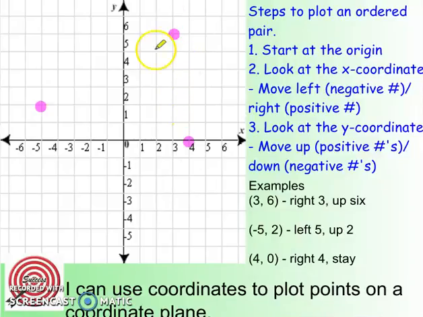Now let's talk: what quadrant is this point in? (3, 6), what quadrant is this in? Yeah, quadrant 1. How about (-5, 2)? Quadrant 2. And this is a tricky one. What quadrant is (4, 0) in? Yeah, it's not in a quadrant.